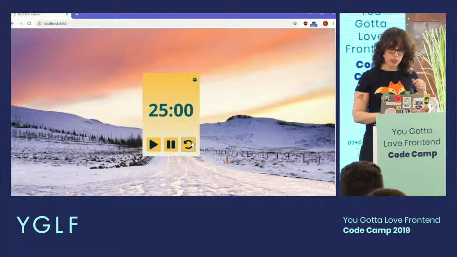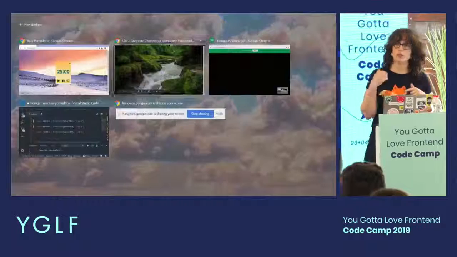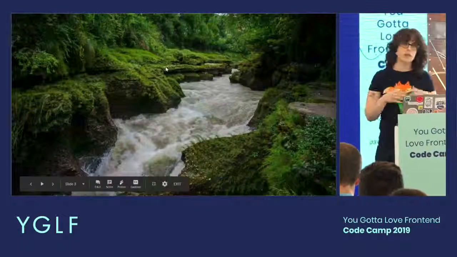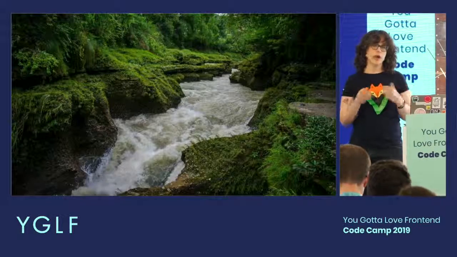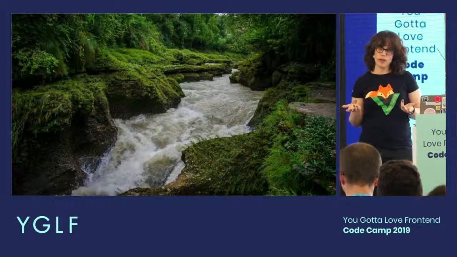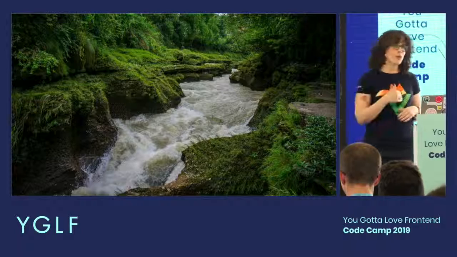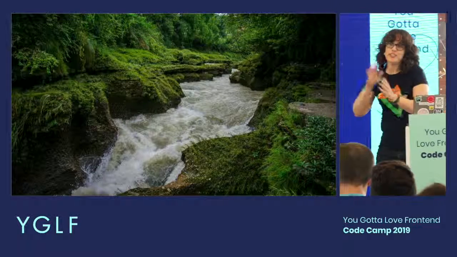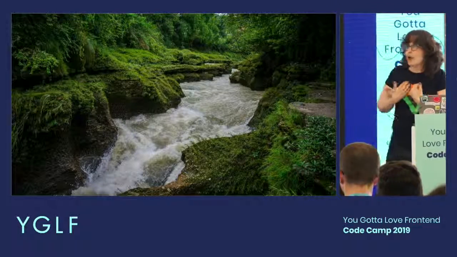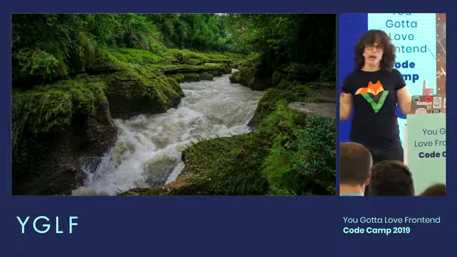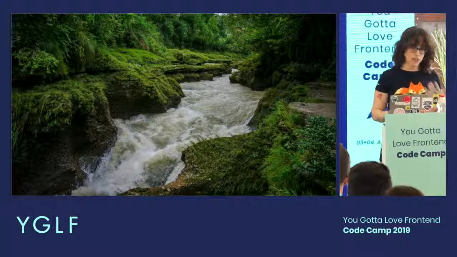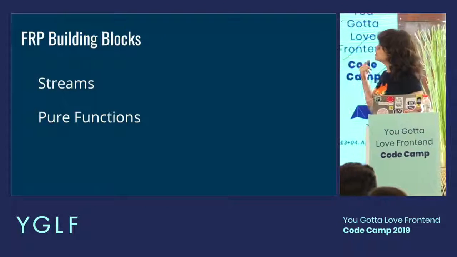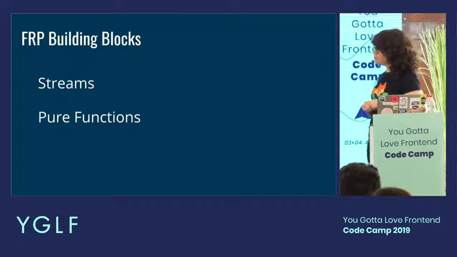So if you've seen Michel's talk earlier today, you would have seen that he gave a definition of reactive programming, which I think was quite accurate, but I don't remember it right now. But what's important for me to say is that it's a good definition and you should go look at it. I'm not going to define functional reactive programming. What I want to talk about is the building blocks of this paradigm, which are streams and pure functions.